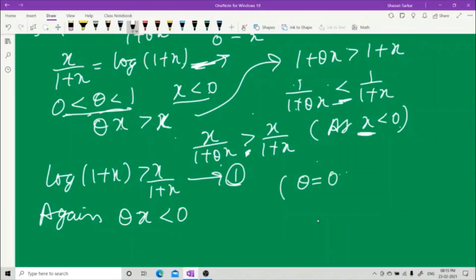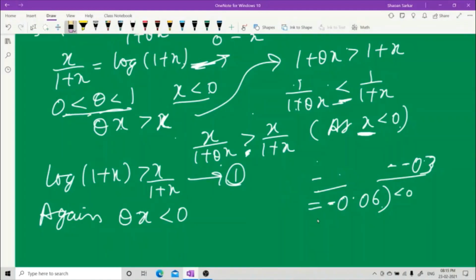Take theta as any quantity. You take theta 0.2, you take x as say minus 0.3. So this becomes 0.06 with a minus sign. This quantity is less than 0. Therefore, this quantity is less than 0.